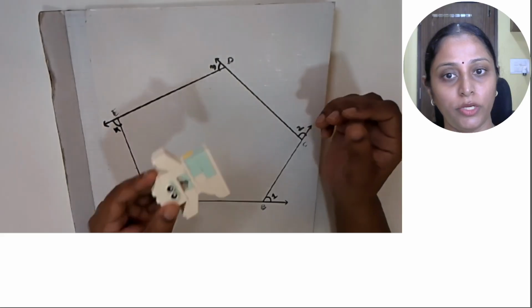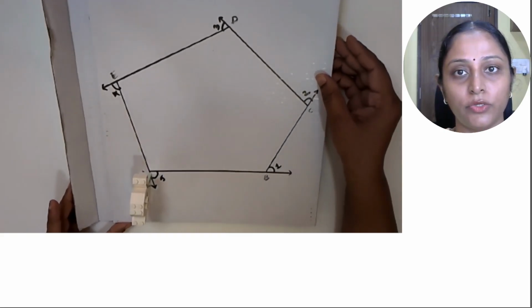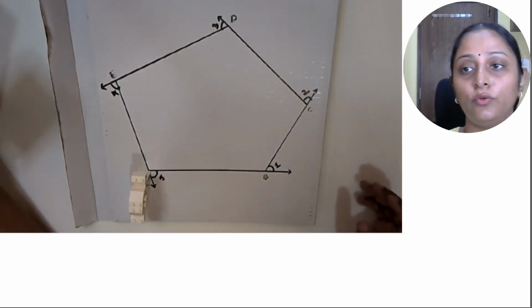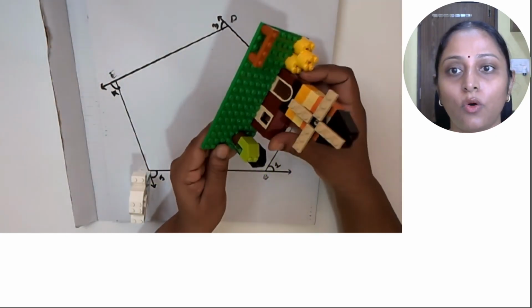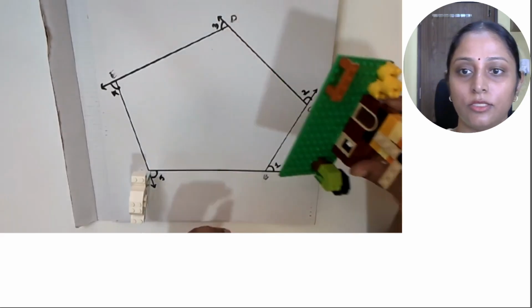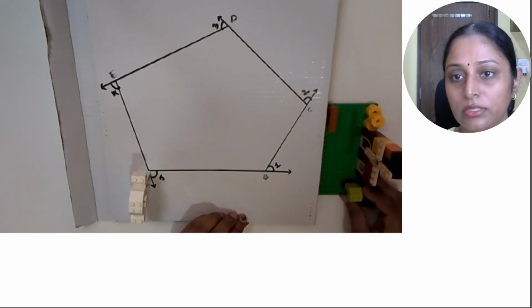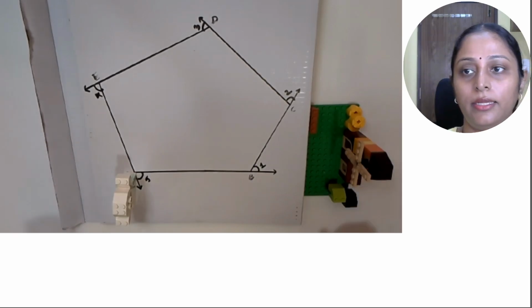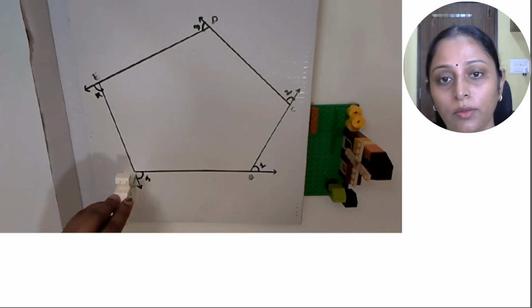I'm going to take this small Lego block model of this chap here. He's going to start from point A. Now, in order to fix the direction, I have a model of his home here. Initially we are going to say that he is facing his home. Now let him walk along the pentagon.